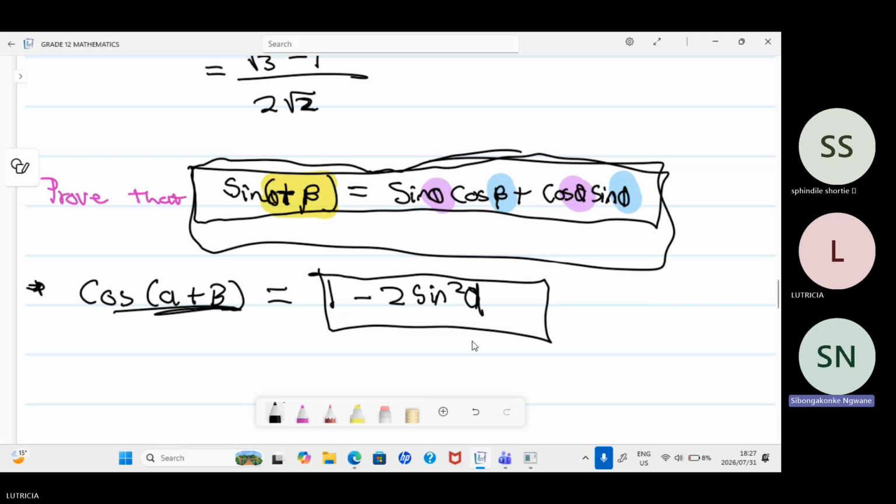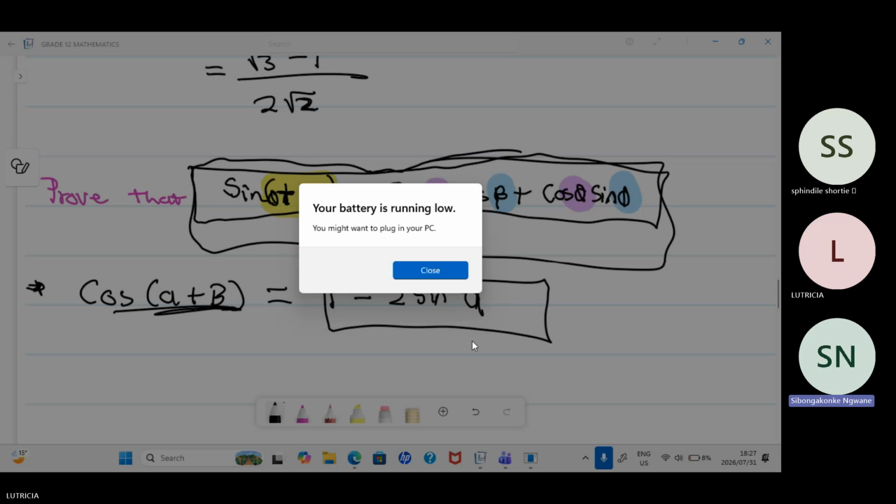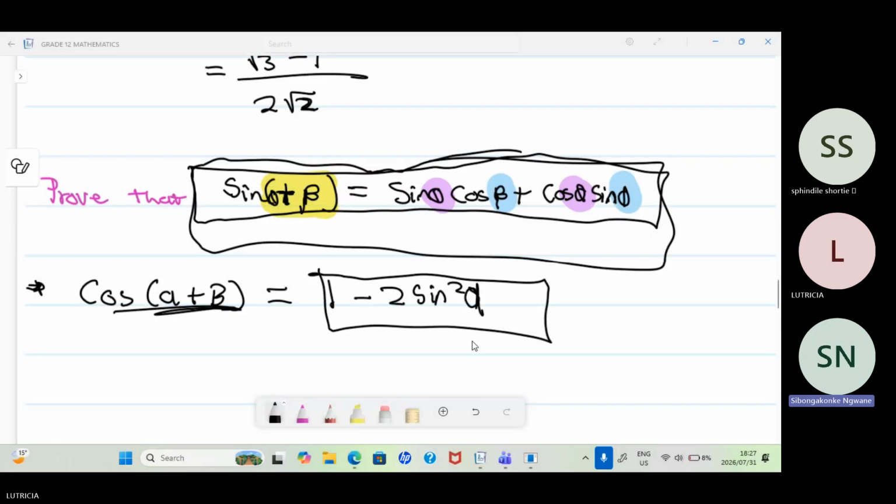I've seen questions like this, but not with different angles. It's either the angles were the same or the question wasn't exactly like this. Okay, let me check for it.